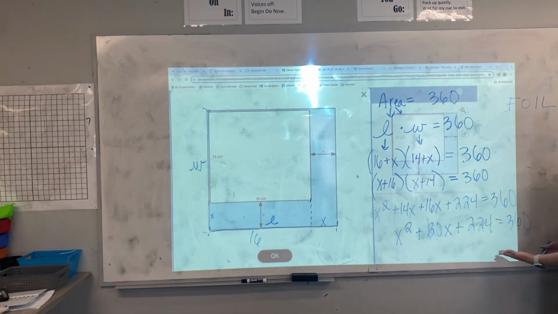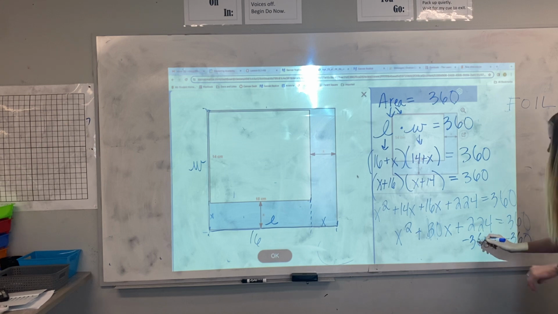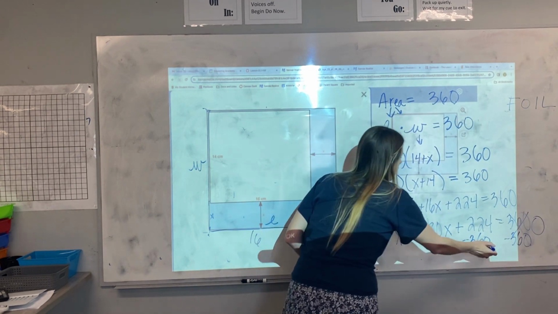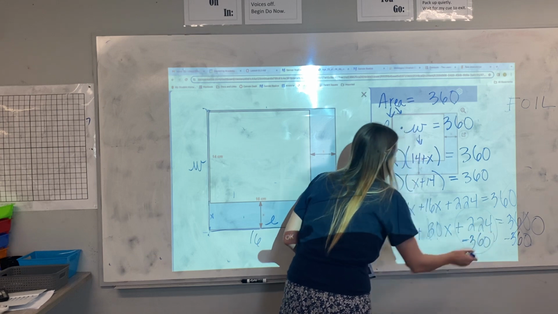This quadratic expression isn't set equal to 0. We need it to be set equal to 0. How do I turn this 360 into a 0? Subtract 360. Okay, so this is going to cancel out to 0. This I can combine.